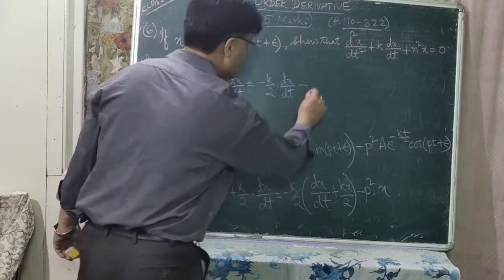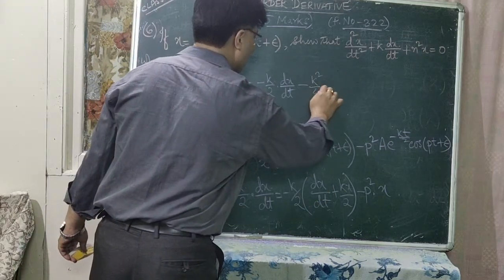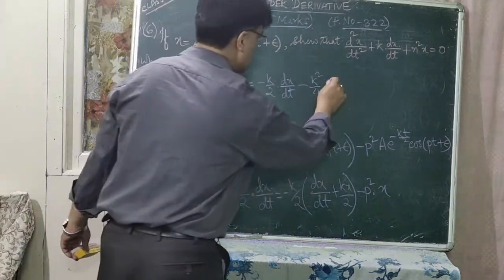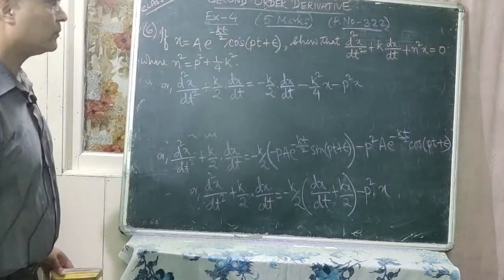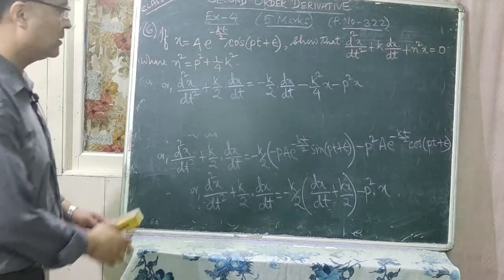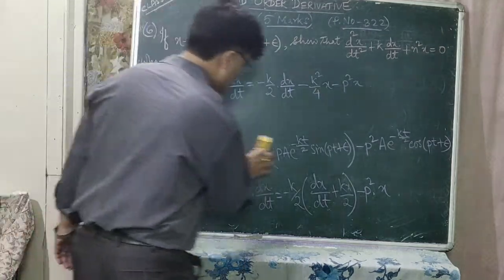K by 2 into k by 2 is k square by 4 into x minus p square x. Minus p square x. Is that clear to all of you?